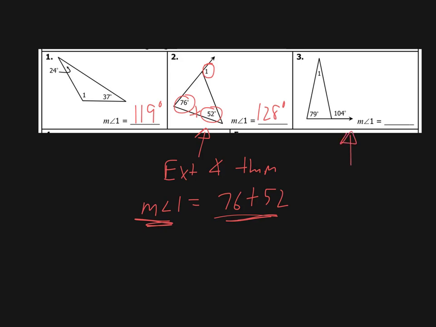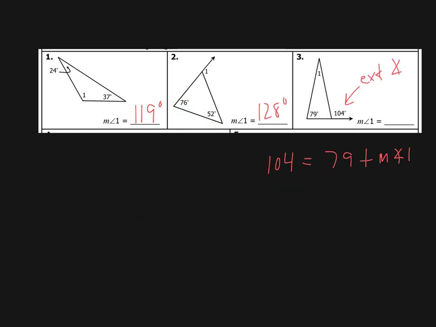Same goes for the process of my last question here, but the exterior angle is given. What I'm missing is one of the interior ones. So let's see how this setup differs. The setup here is going to say that our exterior angle is equal to the sum of the two non-adjacent interior angles. So 104, the exterior angle, is equal to the sum of the two angles on the inside.